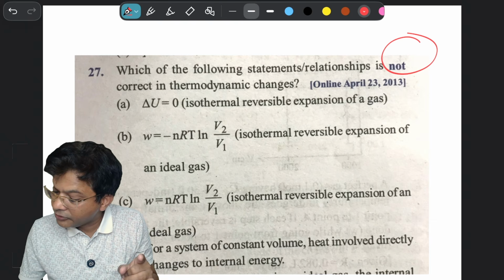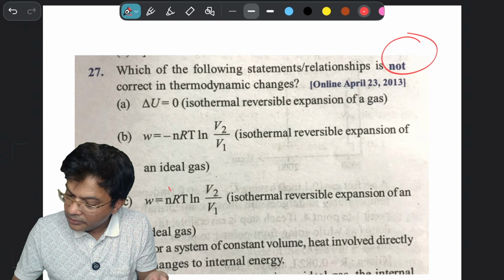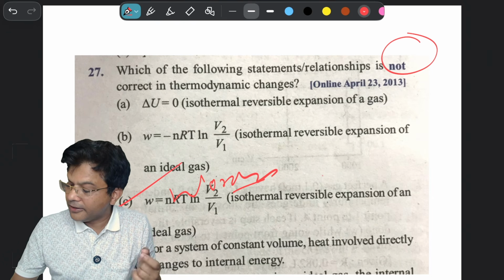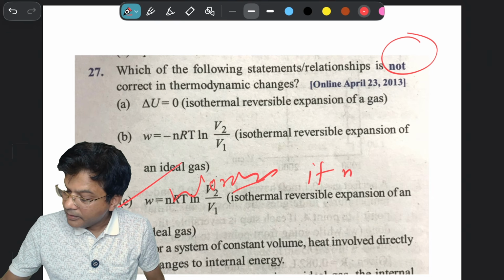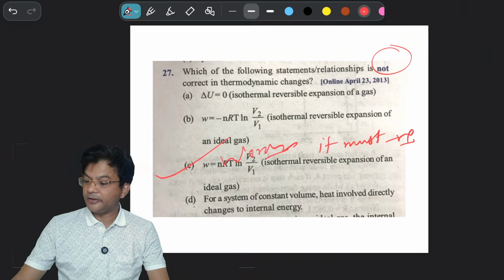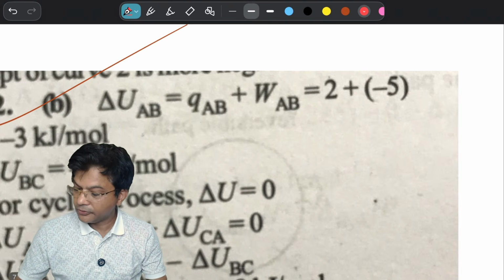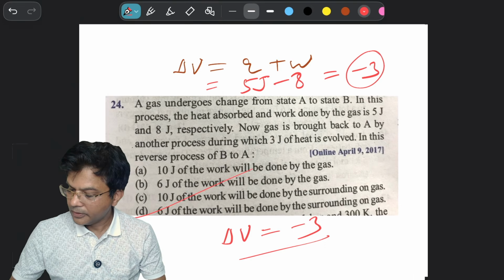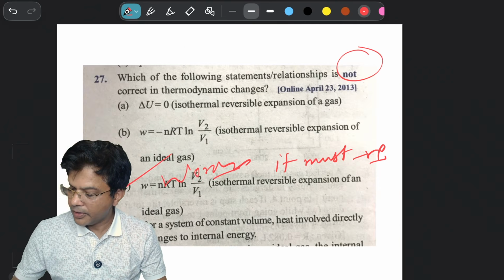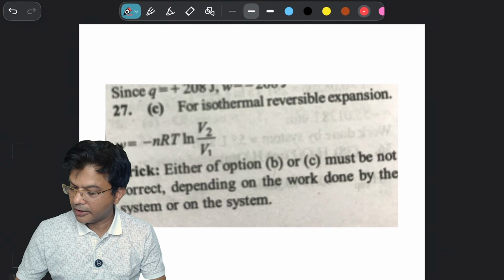W is nRT, this is wrong. Why wrong? The positive sign. It must be negative, a negative sign should have been present. So that is wrong. C is the wrong statement, which means C is your answer.